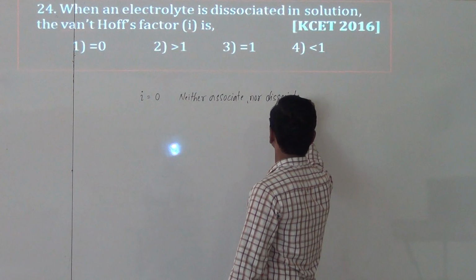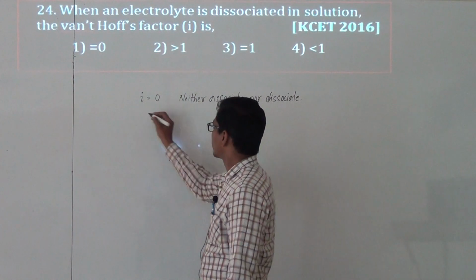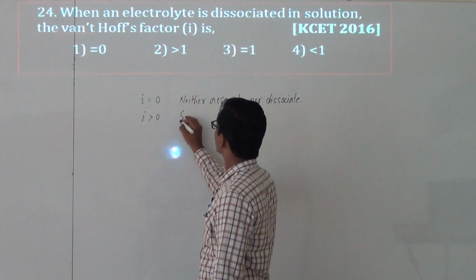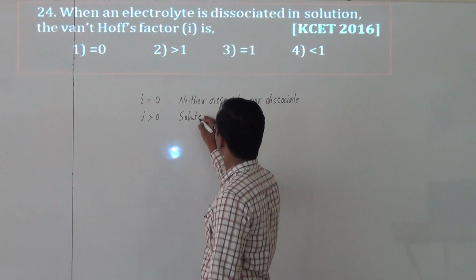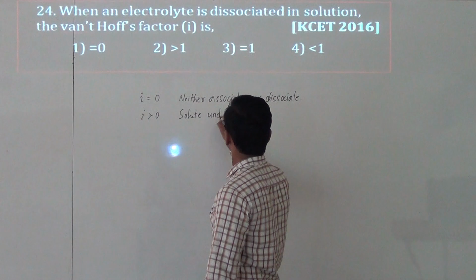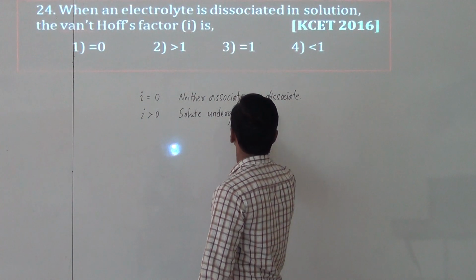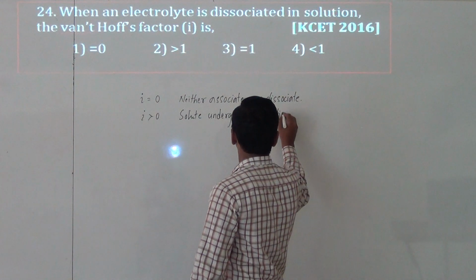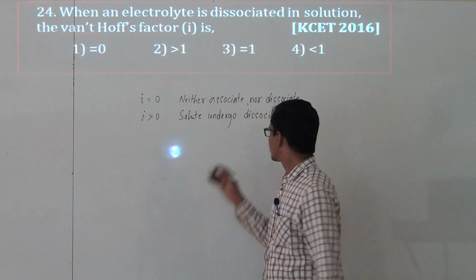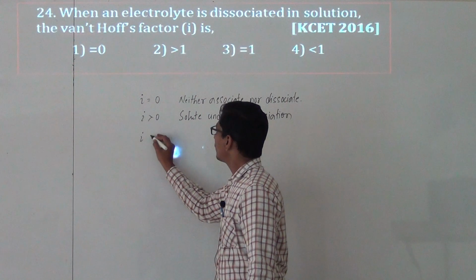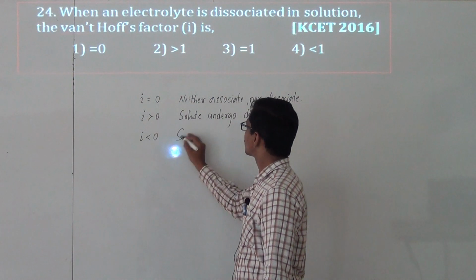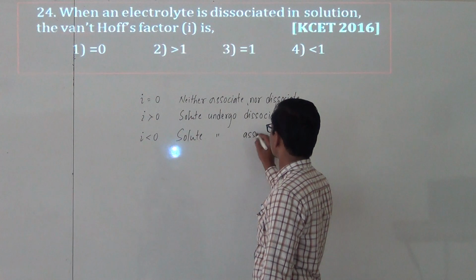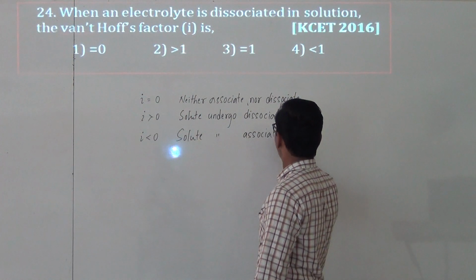The solute is non-electrolyte. i is greater than 1 means solute undergoes dissociation. Van't Hoff factor value greater than 1 means dissociation. i is less than 1 means solute undergoes association.